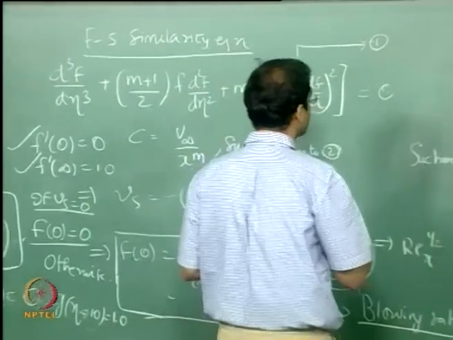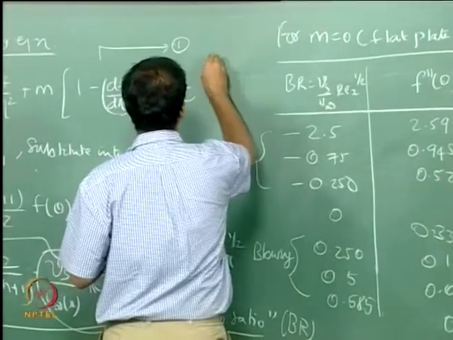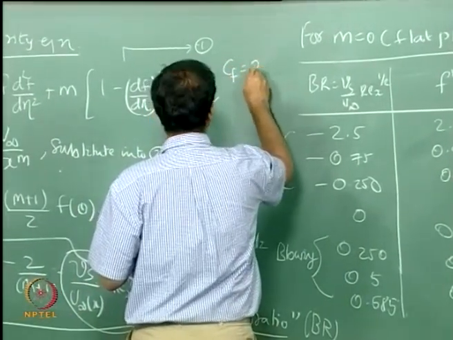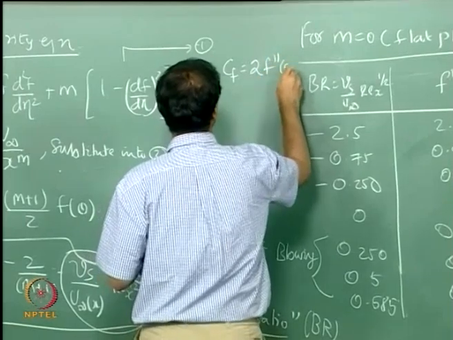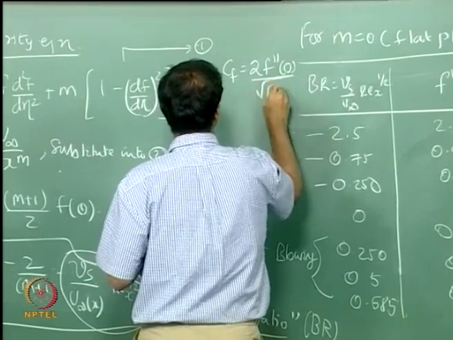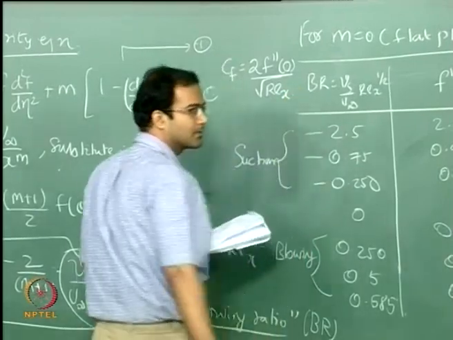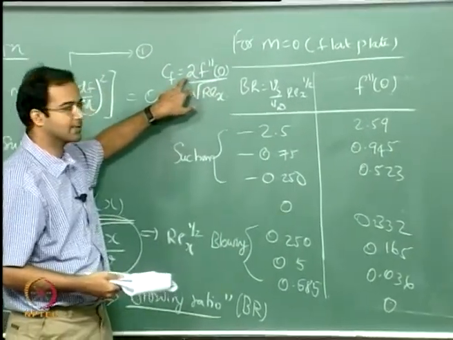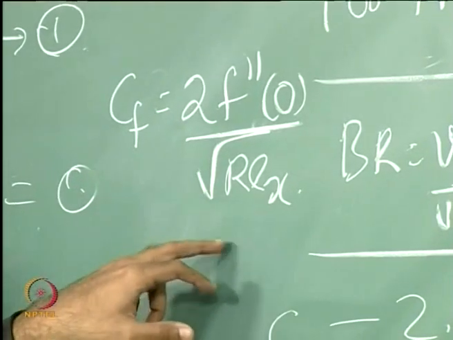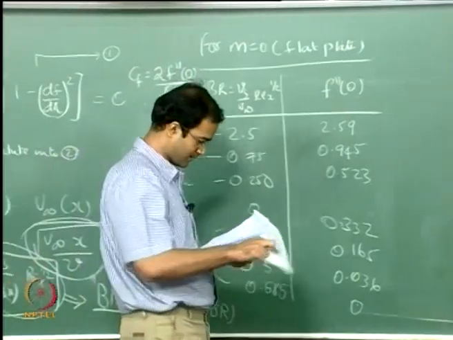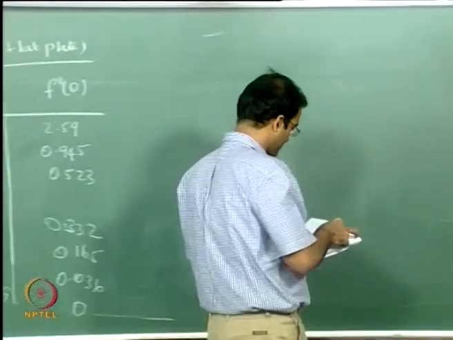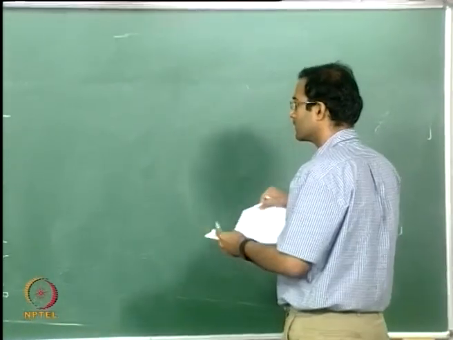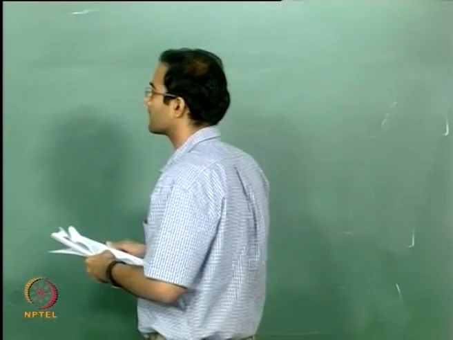Okay, let me also write the fact that the skin friction coefficient is nothing but twice f double prime of 0 by square root of Reynolds number. Okay, so for the case of m equal to 0, this becomes 0.664 by square root of Reynolds number, which we derived for the flat plate case. So coming to the heat transfer problem.